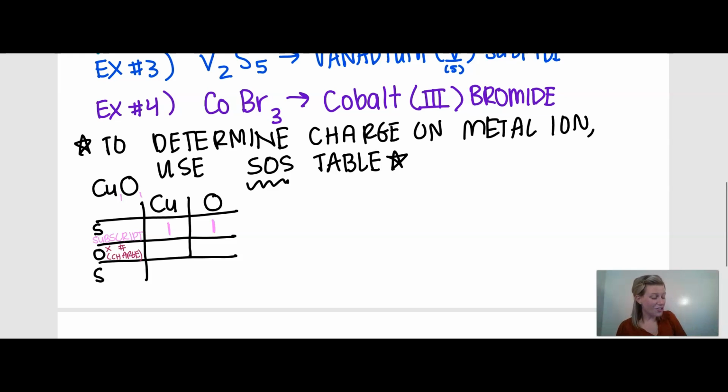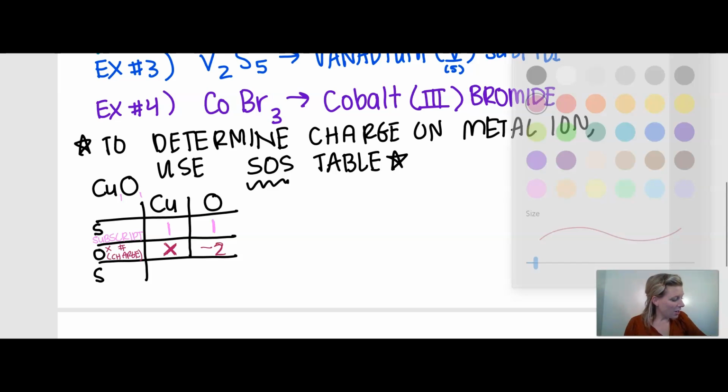So we're actually going to say, we don't know the charge for sure on that copper, so it becomes X, like an unknown in a mathematical equation. In case I haven't mentioned this yet, chemistry is very intertwined with math. We use a lot of math. It's not super hard math, but we do use a lot of math in this class, okay? Next thing we're gonna do is look up the oxidation number or the charge of O, which looking on our periodic table is a -2.